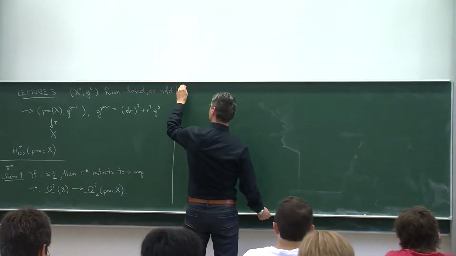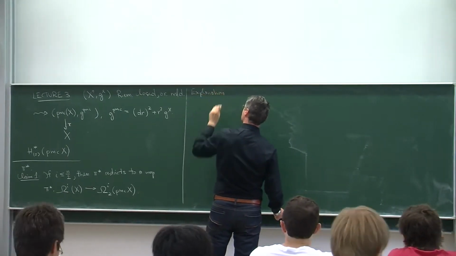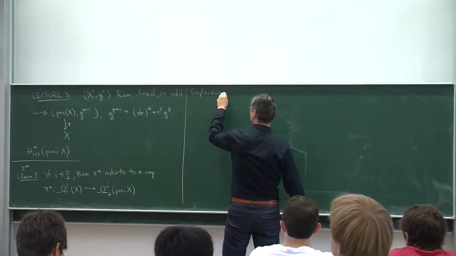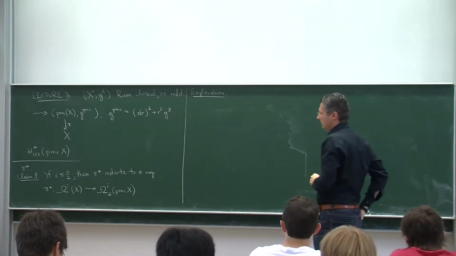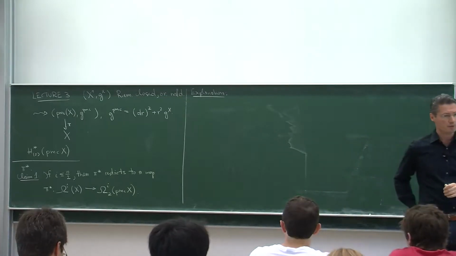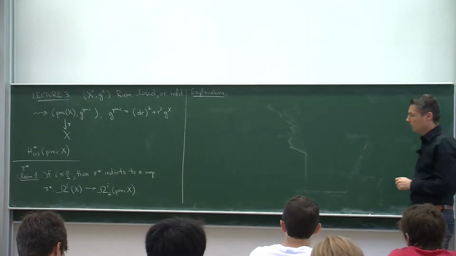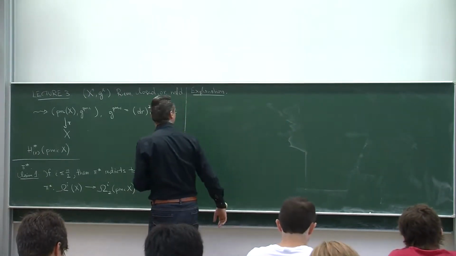So the explanation here is, in evaluating the integral, we'll have to think about two things. We'll have to think about the volume form, and we'll have to think about the norm of such a pullback.